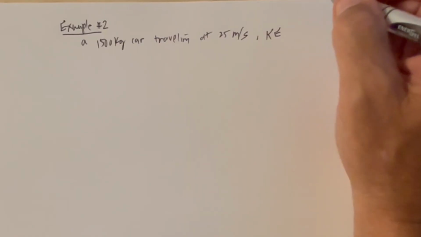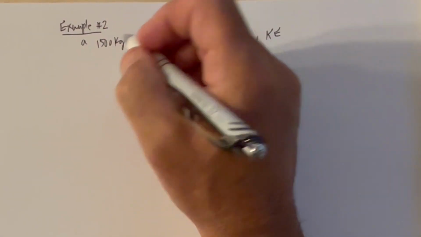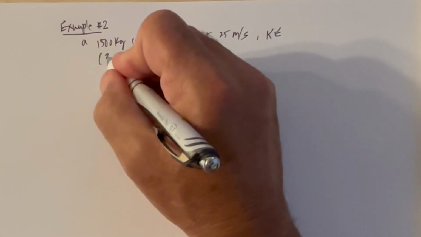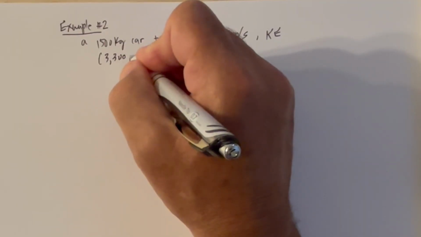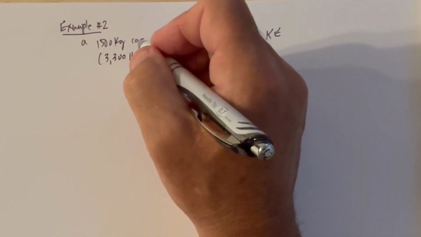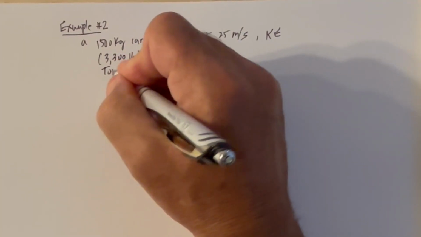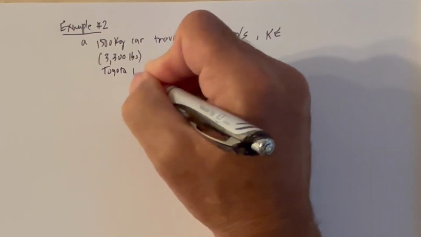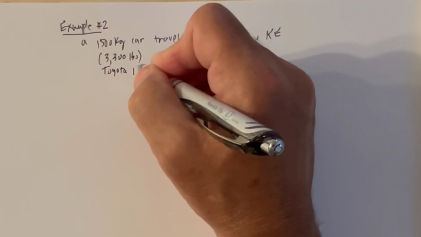A 1,500 kilogram car is equivalent to roughly 3,300 pounds in the English system, about the equivalent of a Toyota Camry, just to give you an idea of what kind of car we're talking about.